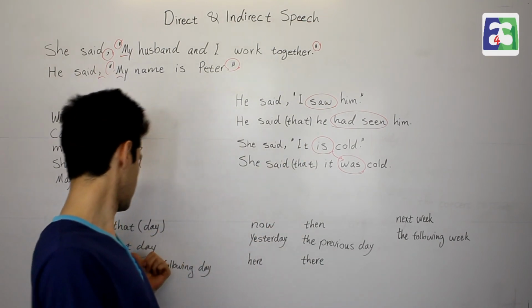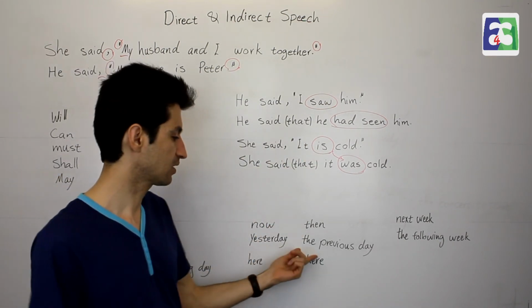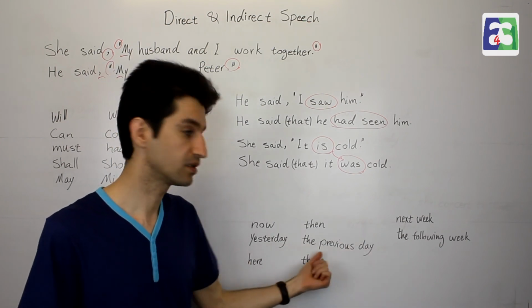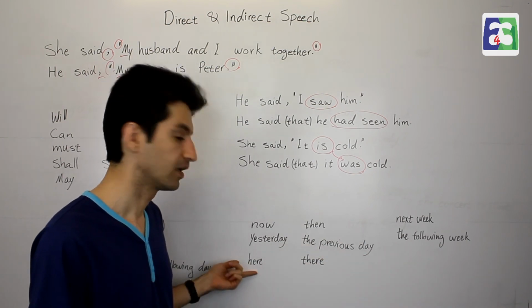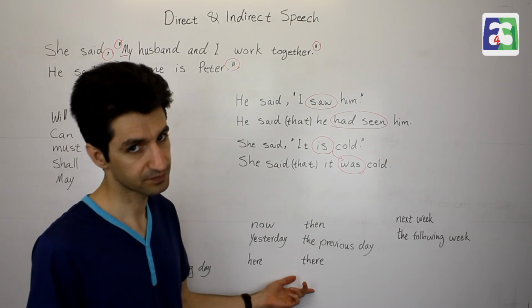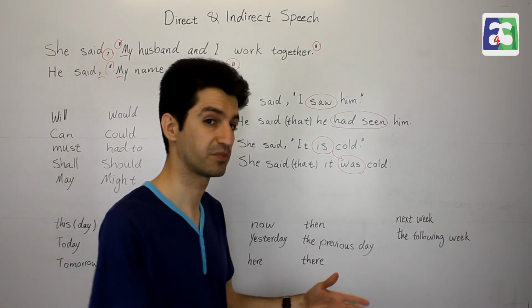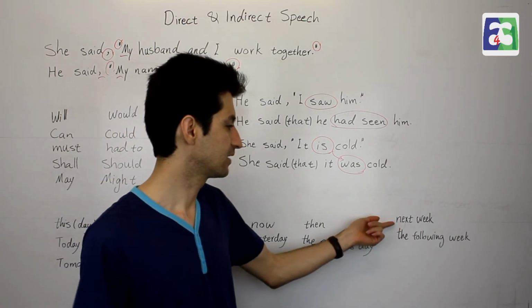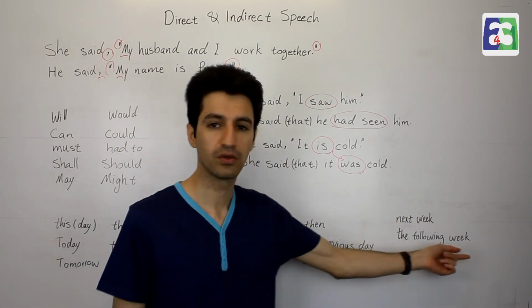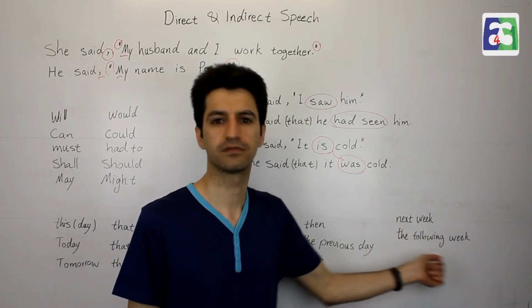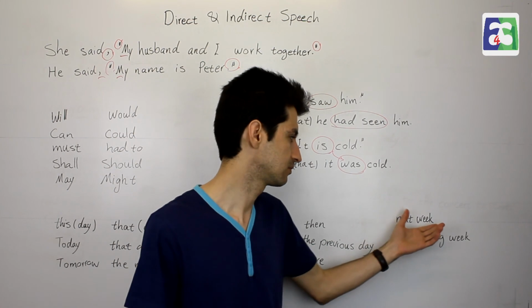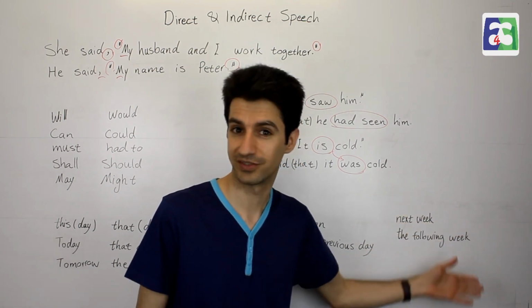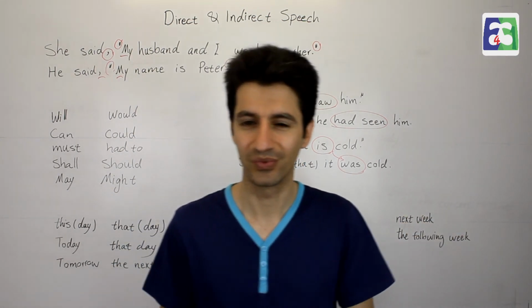Yesterday, just like tomorrow, changes to the previous day. Here changes to there, because maybe the place also has changed. And next week is the following week. Next year the following year, next month the following month. So we need to change all these things.